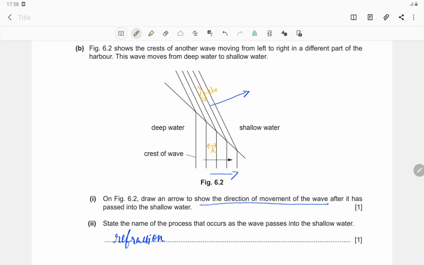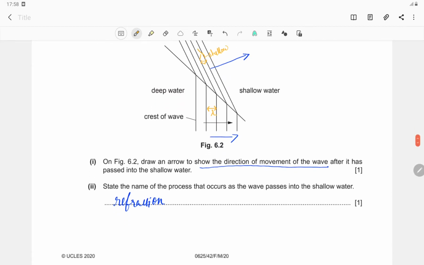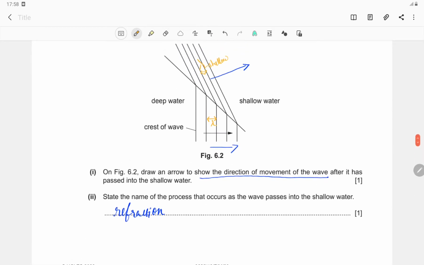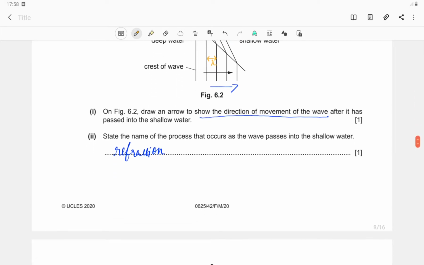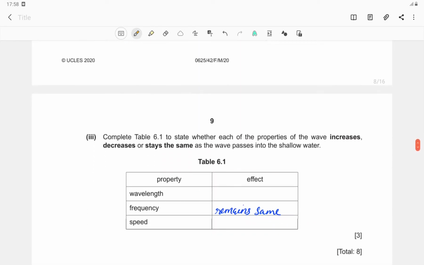And you can see that the wavelength in shallow water is lesser. So we can conclude when the water wave moves from deep water to shallow water, its wavelength will decrease as the space between the crests is decreasing. So here you need to write down wavelength decreases.